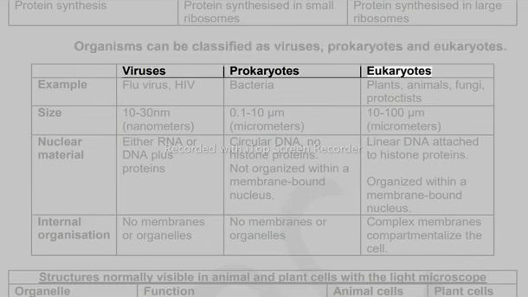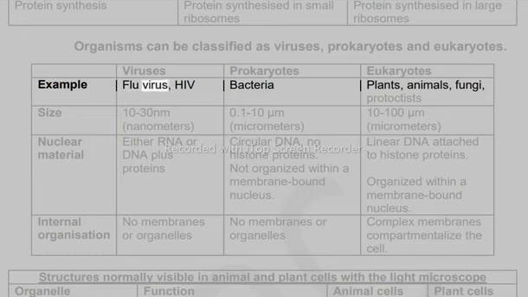Examples: flu virus and HIV for viruses; bacteria for prokaryotes; plants, animals, fungi and protoctists for eukaryotes. Size: 10 to 30 nanometers for viruses, 0.1 to 10 micrometers for prokaryotes, 10 to 100 micrometers for eukaryotes.